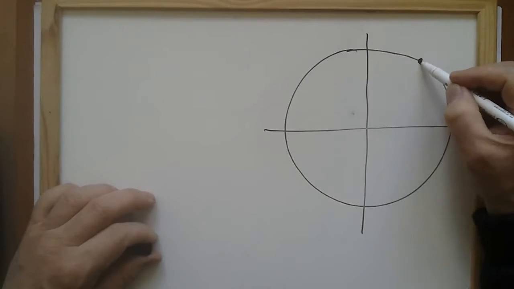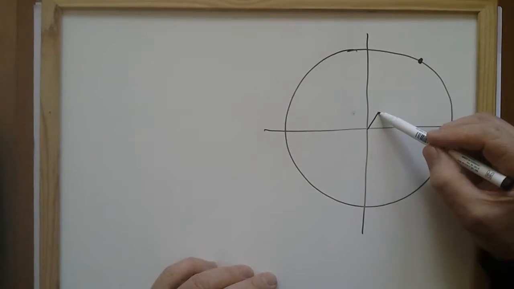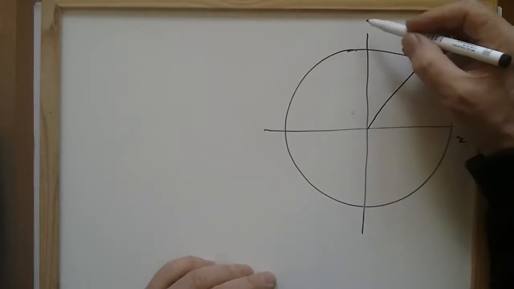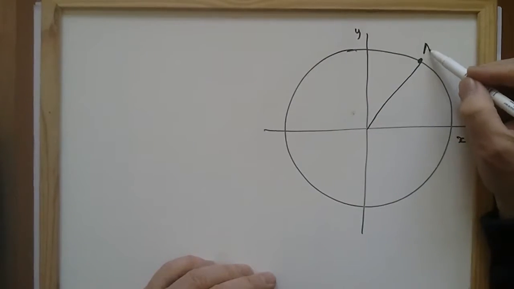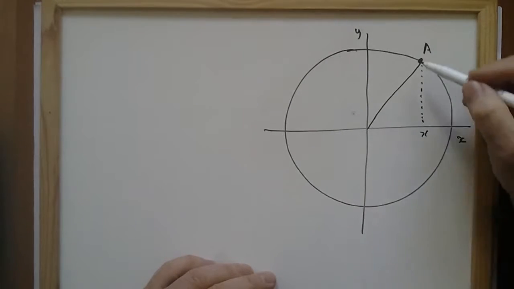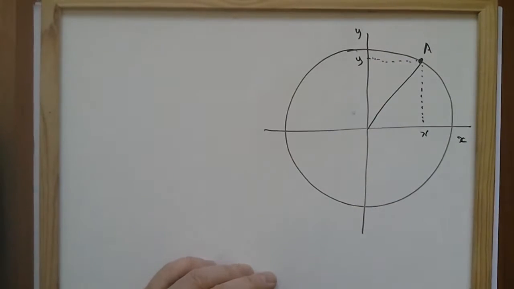Pick any point on the circle and consider a radius out to that circle, and we can see that the coordinates of that point, let's call that x and let's call that y.